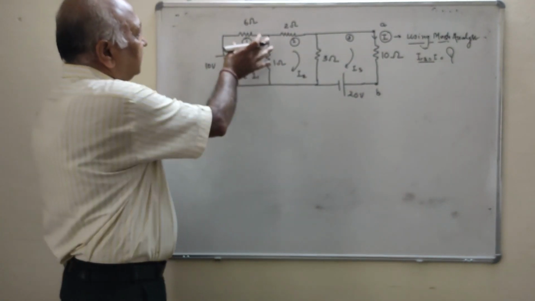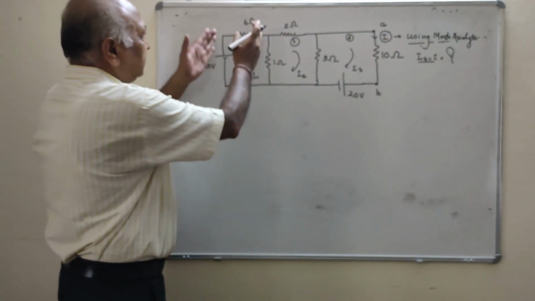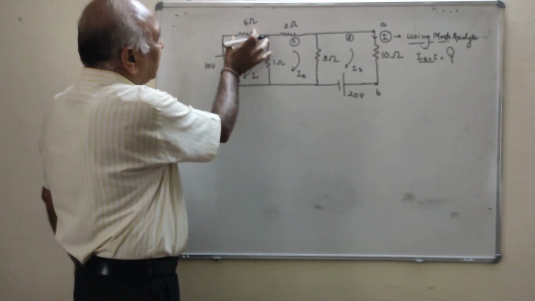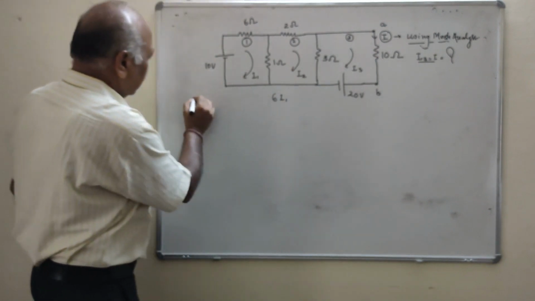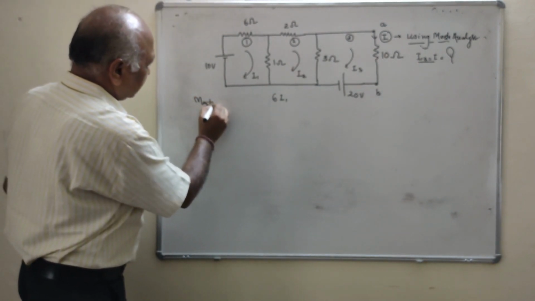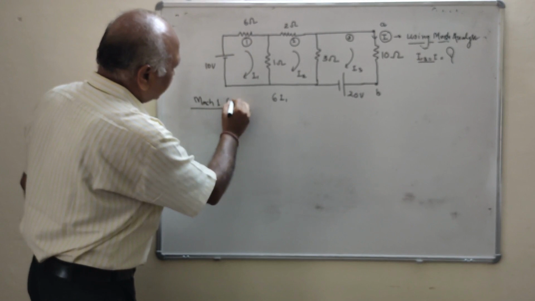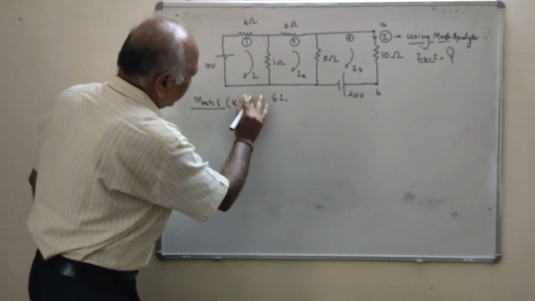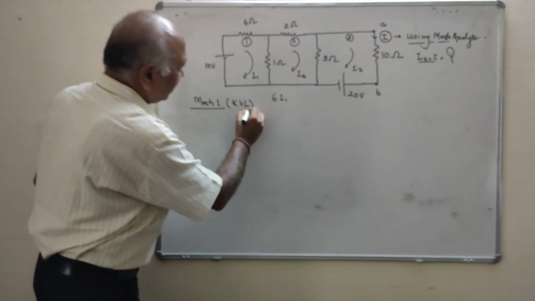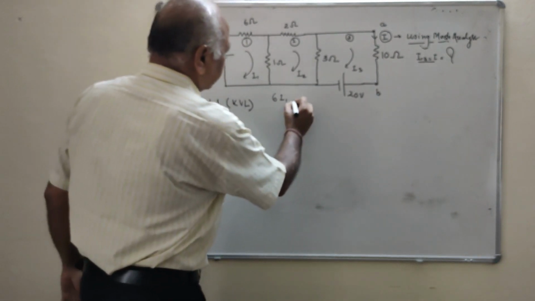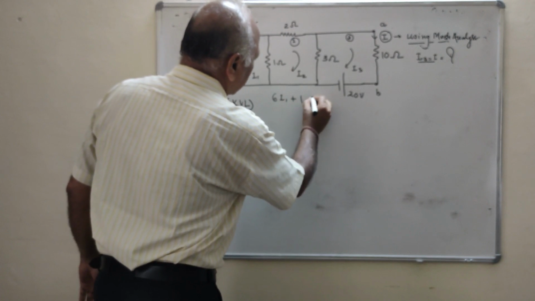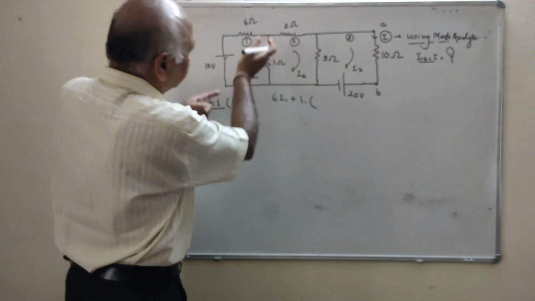Now you will see in mesh 1. Please make the equation. What is the drop in the 6 ohm? This is 6I1. It is for mesh 1, and we are applying KVL. 6I1 plus 1 into I1 minus I2.